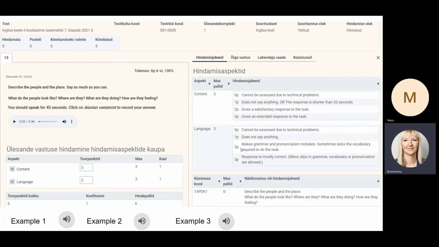And their language also, there were some problems there, you probably noticed. When you're assessing the students' answers, you can listen to the answers more than once if you need to. Sometimes it probably is necessary.